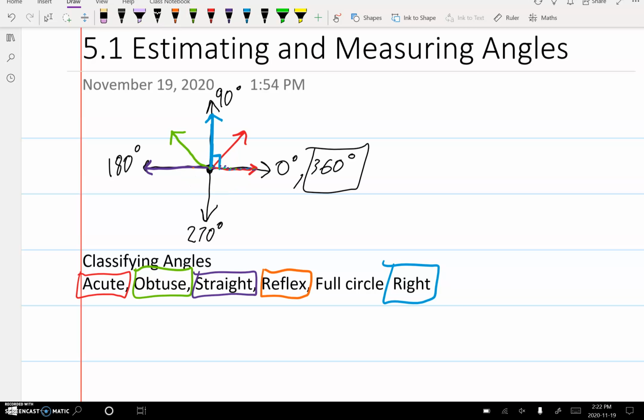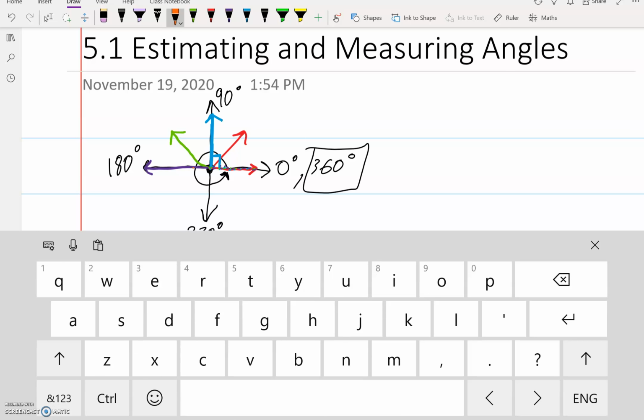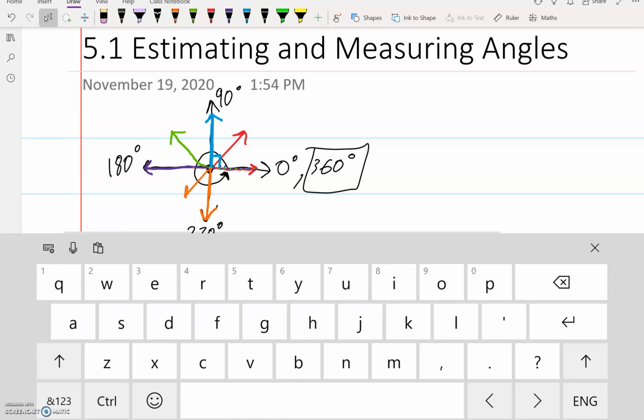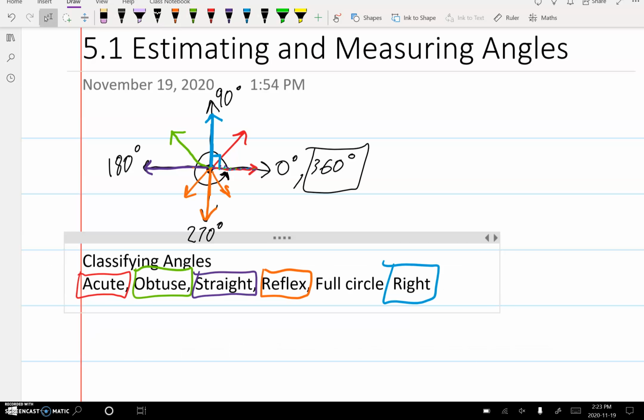Let's put it straight down, but it could be anywhere in that zone. It could be going this way, could be going this way. We just decided to put it going straight down.